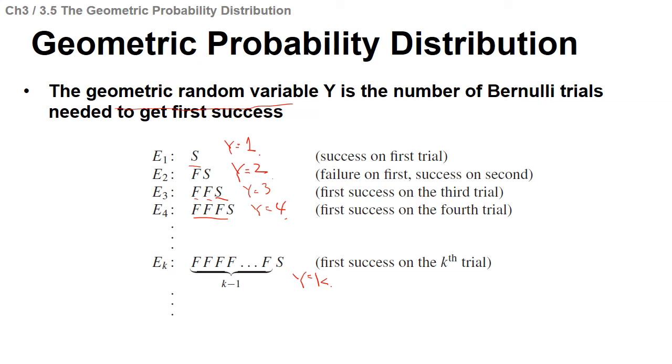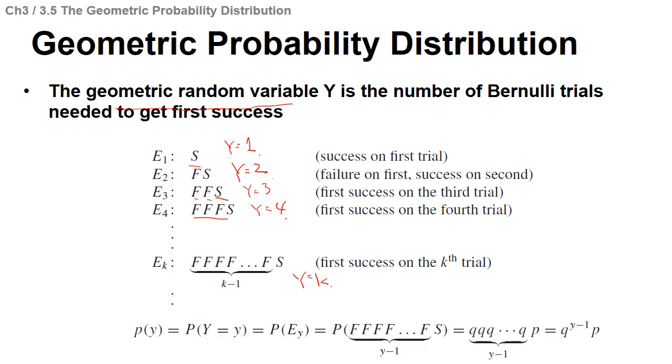So the related probability for this would be the probability of getting Y minus 1 failures and then a success for the final event. The Bernoulli probability for failure is q, so it is q to the power Y minus 1, times p, which is success at the last time point.